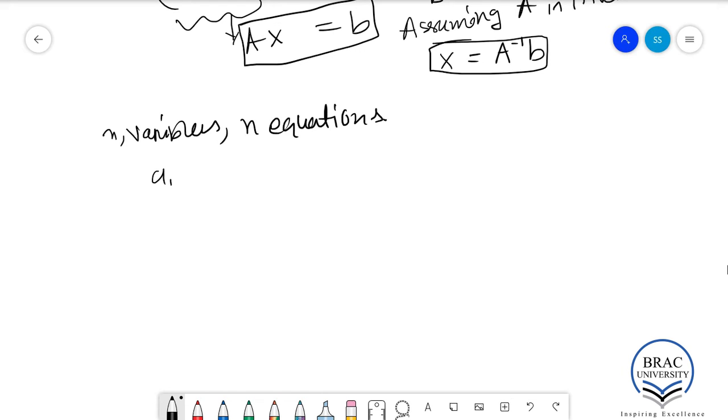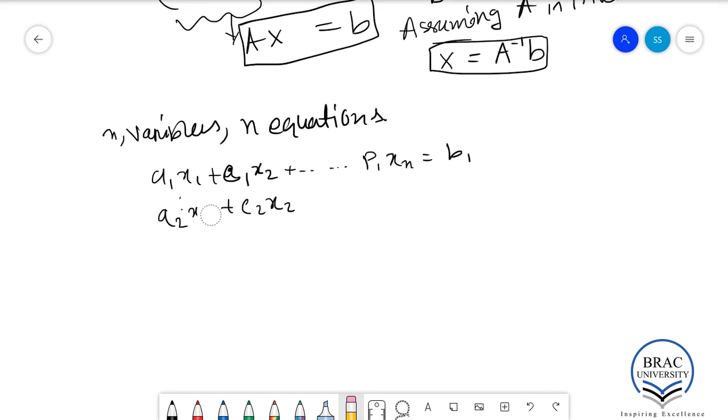That is, we have a1 x1, let's call it c1 x2 and so on, up to p1 xn equals b1, and we write a2 x1 plus c2 x2, oh sorry, this is not x2, this should be x1, and so on, up to p2 xn equals b2 and so on. That is, there are more equations.